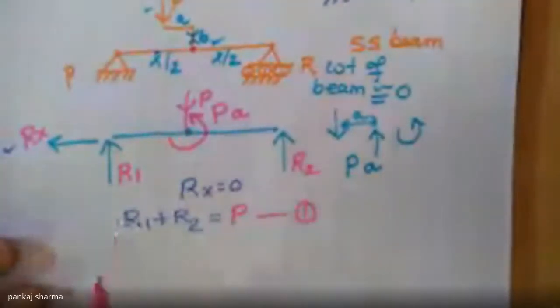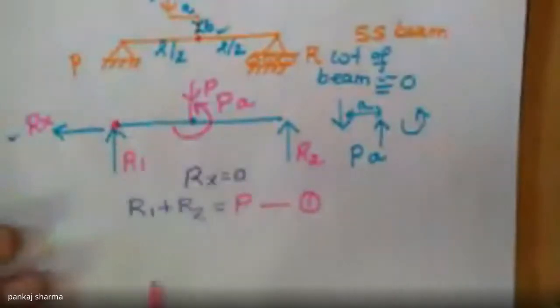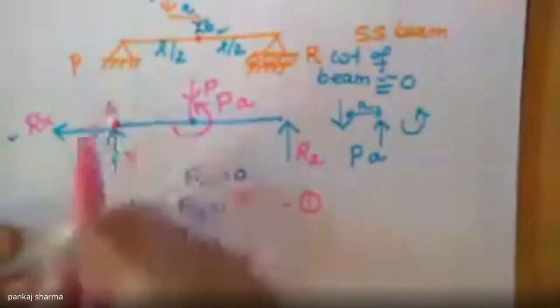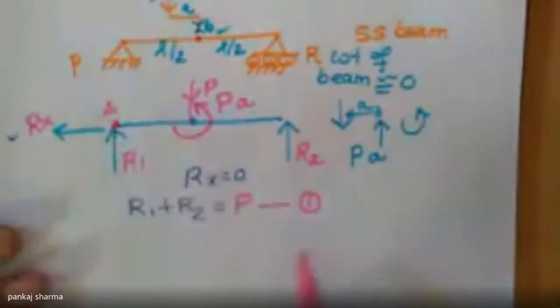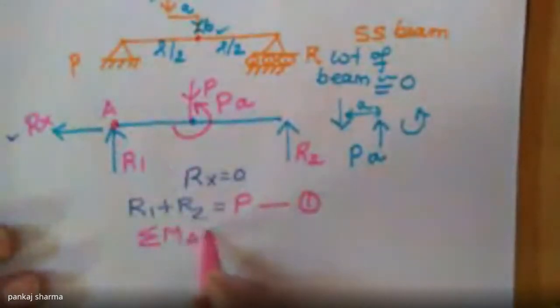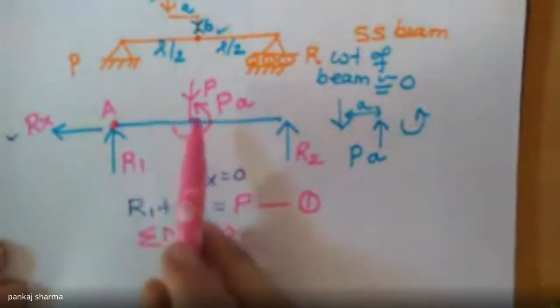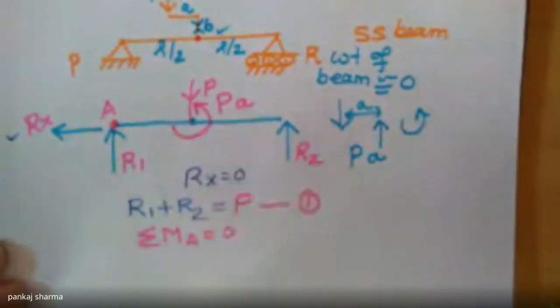Now taking moment with respect to this point. Suppose it is a point A. The net moment with respect to A should be 0. So there are R1, P, couple PA and R2 forces.